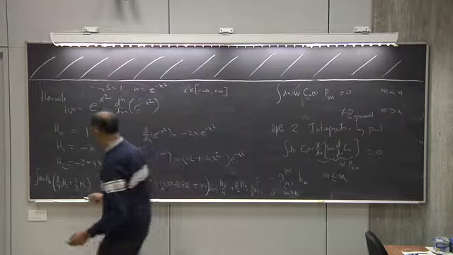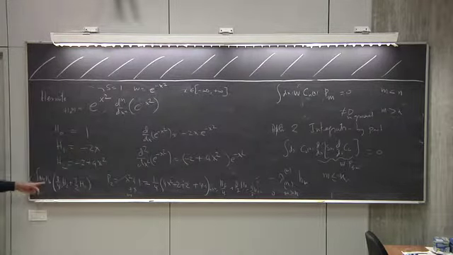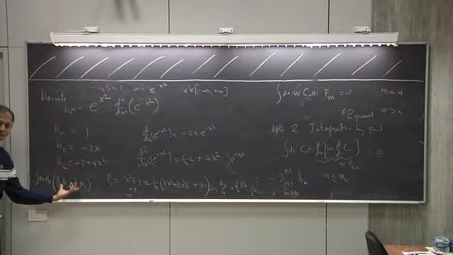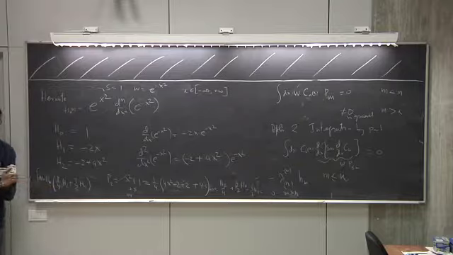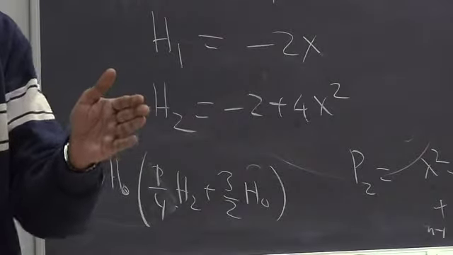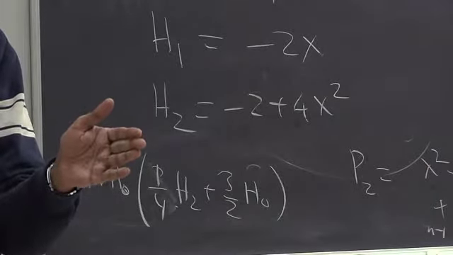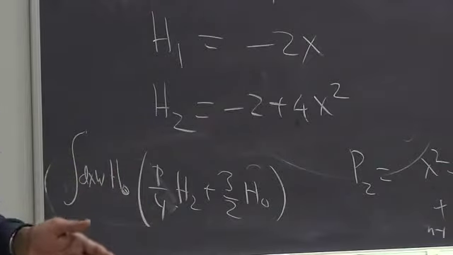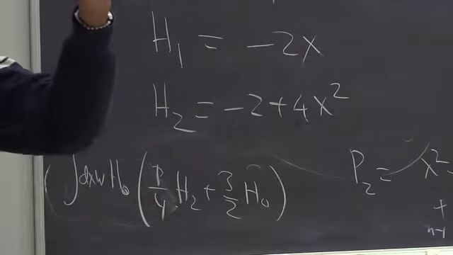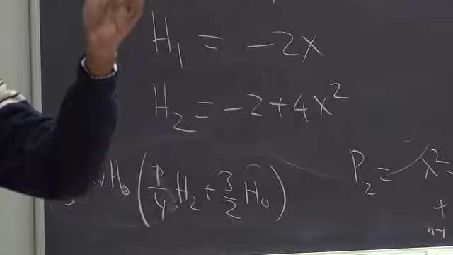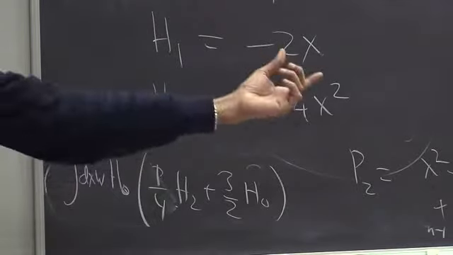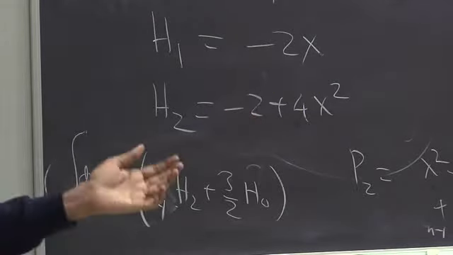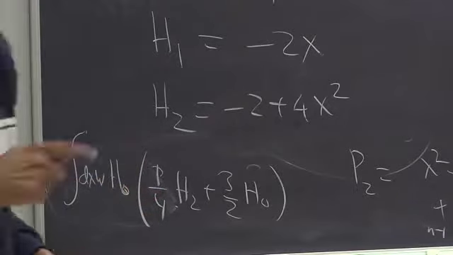If I had taken h2 and considered some polynomial of lower degree, that will always be true, because the lower degree polynomial can always be written as a linear combination of the lower orthogonal polynomials, so it will vanish. But a higher degree polynomial, when you write it as a linear combination of orthogonal polynomials, may include some non-zero coefficient times the hn that you are looking at. That's the reason why it's not the other way around.